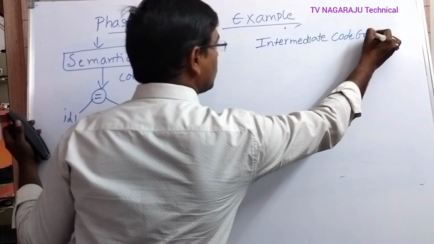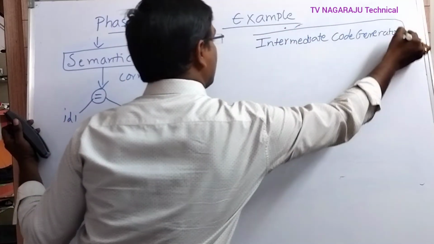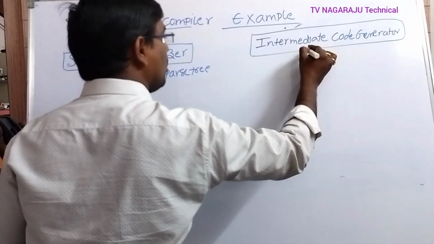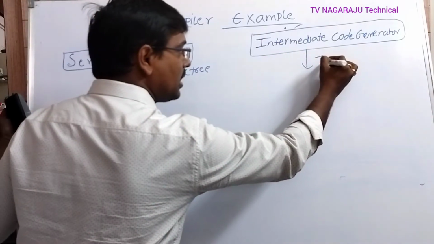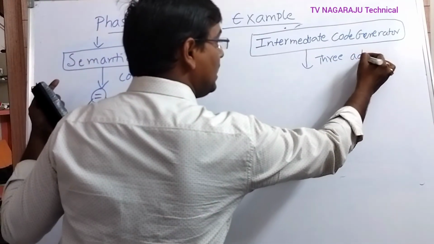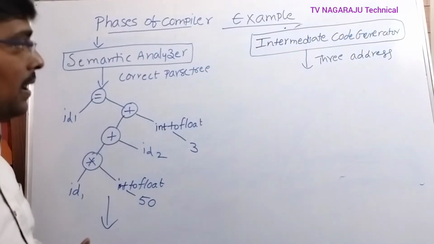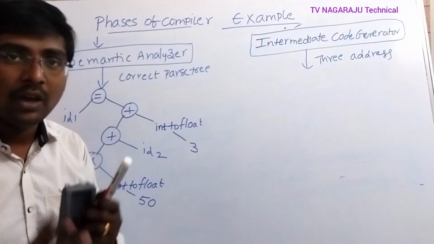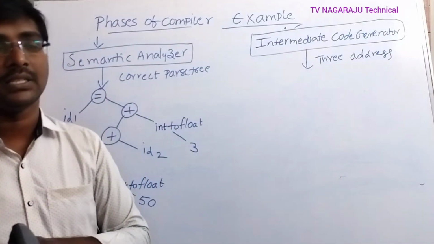It takes the output of the semantic analyzer. What does it produce? The intermediate code generator produces intermediate code in 3 address format. In 3 address format, it can use a maximum of 3 operators.